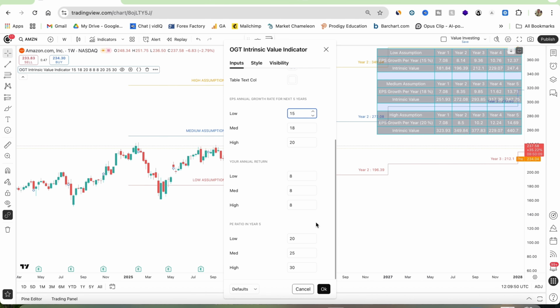It's taken year 5 and multiplied it by 20 to get your year 5 price of $247.40 as your intrinsic value for year 5. And then what it does is it works backwards, re-engineers, and divides, taking off 8% of every single number to lower that number down to your desired intrinsic value for year 1. So that's how the indicator works.